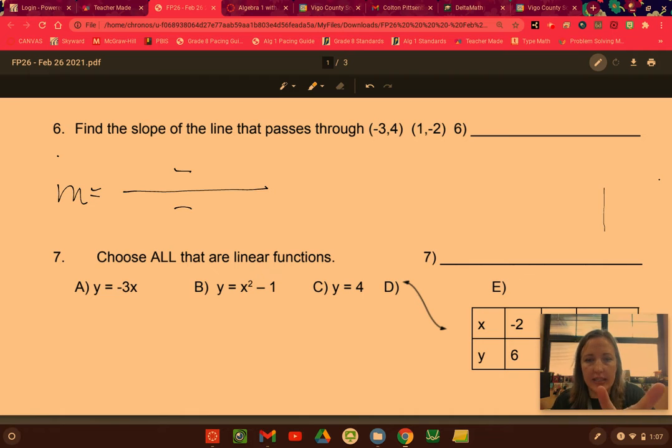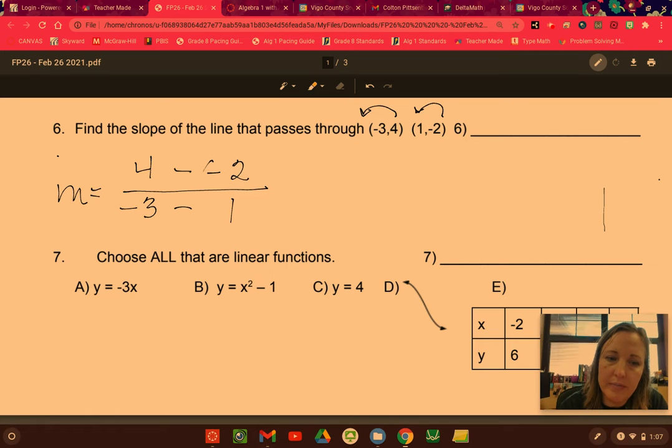So I said, let's take the points and we're going to rotate them counterclockwise. So when I rotate this counterclockwise, the 4 goes on top, -3 goes on the bottom. Rotate that counterclockwise, right? -2 and 1. Then let's go ahead and subtract. 4 minus a -2. What is that?